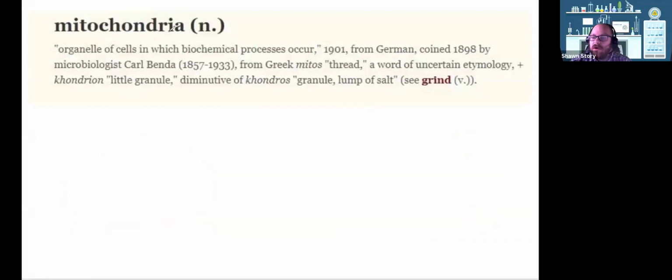When I looked up mitochondria, because I was just curious, I went to the etymology website to see the history of it. It actually comes from Greek root words, mitos, meaning thread, and chondros, meaning a granule. That really confused me at first. I was like, why are they using the word thread?